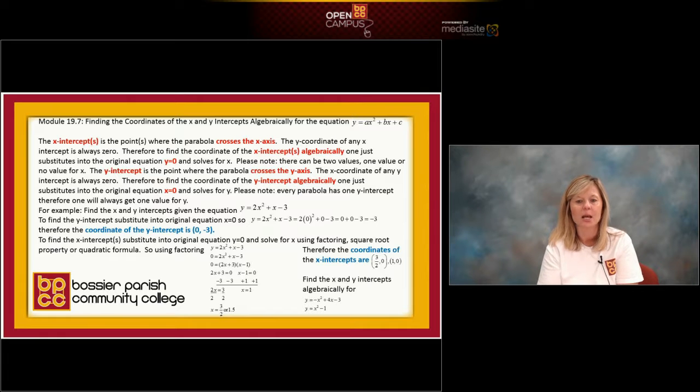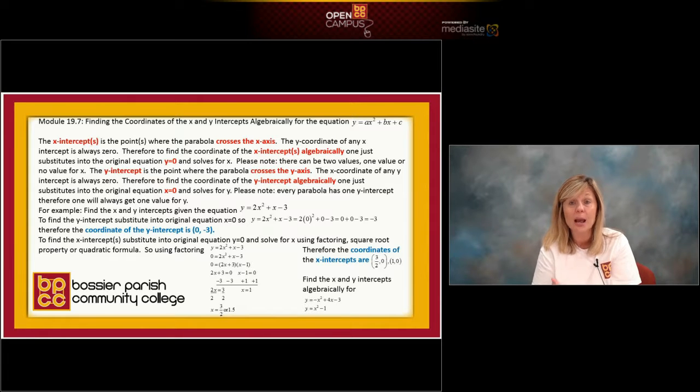So the rule is to find y, you replace x with 0. So if you look, I substituted 0 where there's an x. So now my equation says y equals 2 times 0 squared plus 0 minus 3. Then I followed order of operations. I squared first. 0 squared is 0. I multiplied it by 2. I still got 0. And then I added my constants. 0 plus 0 minus 3 would be -3. The problem is, if they ask you the location of the y-intercept and you just say -3, you are technically wrong.